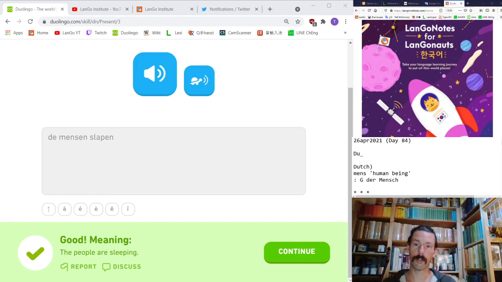And what these words Mensch and Mens come from is something like the reconstructed Mannisk, man for human, and then an -isk suffix.